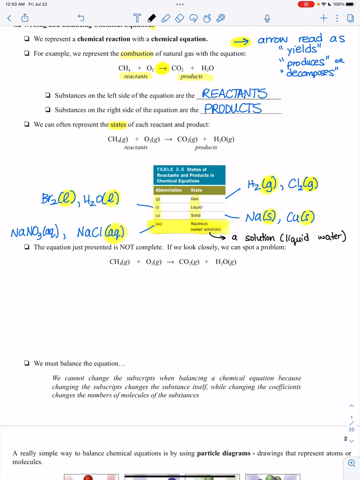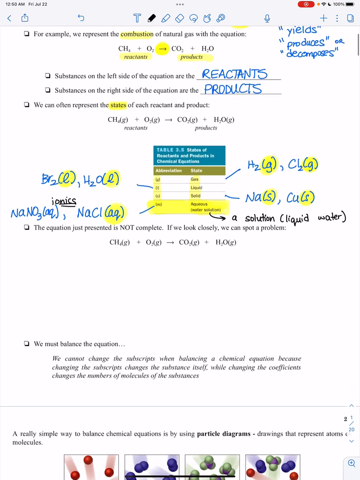We're going to talk more about solutions in important information part 5, closer to the beginning of the school year. Ionic compounds tend to be aqueous. So I have sodium nitrate here, nitrate with the polyatomic ion, and sodium chloride, NaCl.